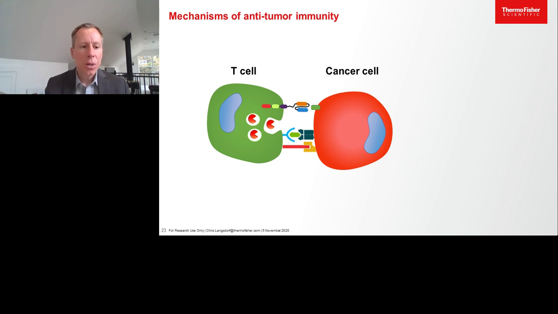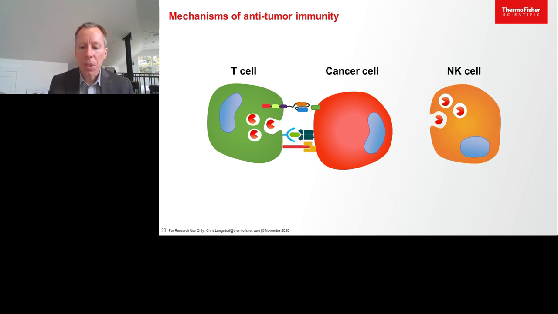All right, so we can move on now beyond T cells and look at, again, many in the field are pivoting from a focus on the adaptive immune system and T cells to the innate immune system and the innate immune response to cancer as exemplified by natural killer cells.